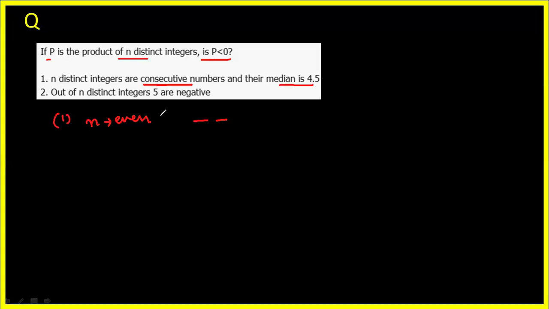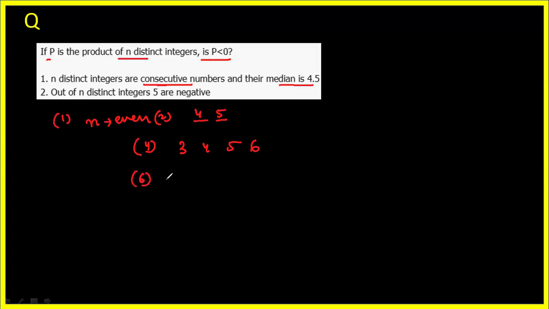It could be that two readings are there, right? A case, there are only two readings, let's say 4 and 5. What's the median? That is going to be 4.5. It could be the number of the readings are 4, right? Let's say 3, 4, 5, 6. Again, what's the median here? That is again 4.5, right? It could be 6 readings.